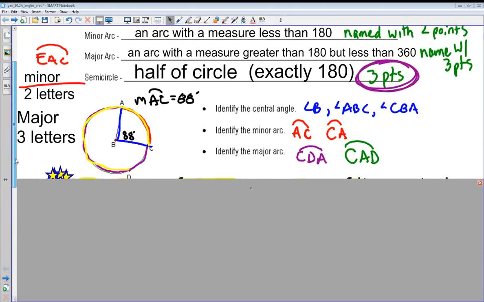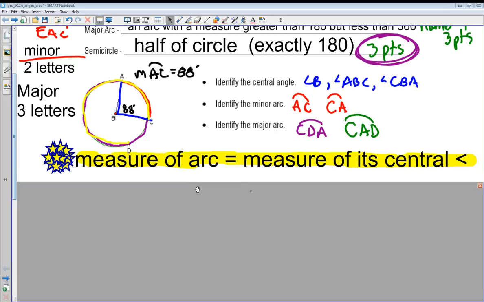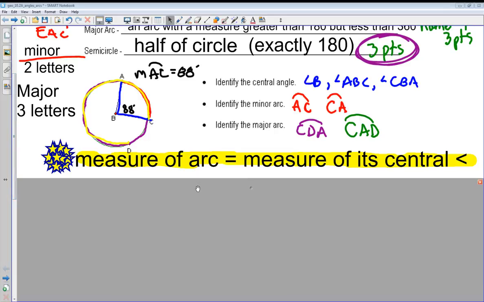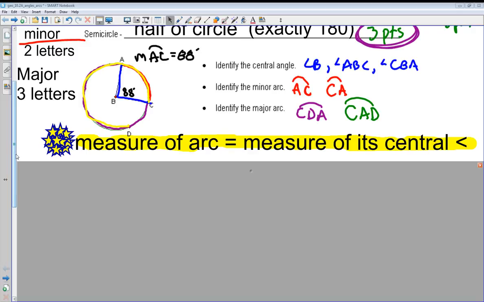We want to take a look at some of these things put into practice now in terms of how to determine measurements. So the measure of an arc is always going to be equal to the measure of its central angle that forms it. So for example, in circle B here, if I have angle ABC, that's going to create an arc right here.